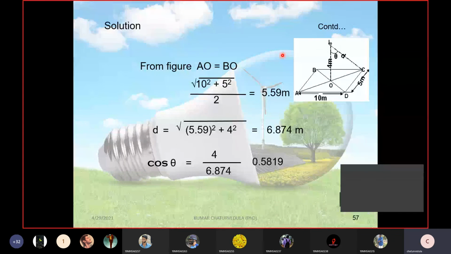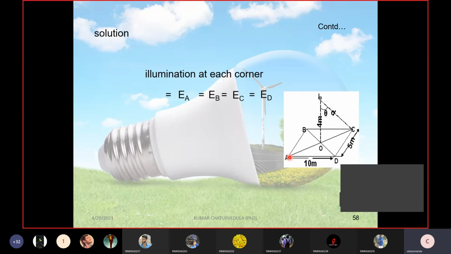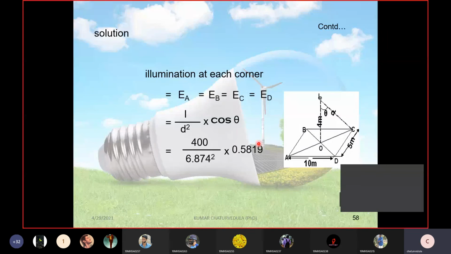Once we have cos theta, we assume the illumination at each corner is the same. So EA is equal to EB is equal to EC is equal to ED, equal to I by d square into cos theta. The luminous intensity I value is known, the d value is obtained just now, and cos theta is also obtained. So the illumination is 400 divided by 6.874 whole square into cos theta 0.589, which is equal to 4.926 lux.